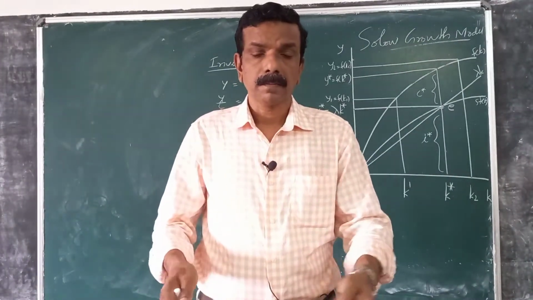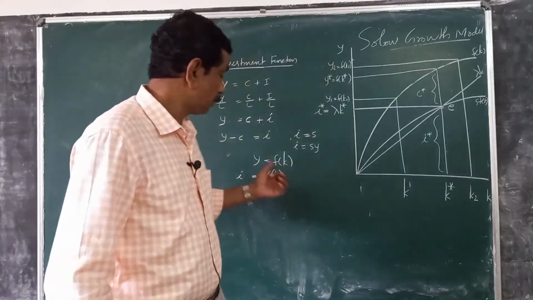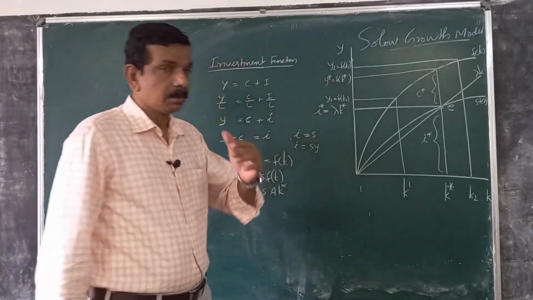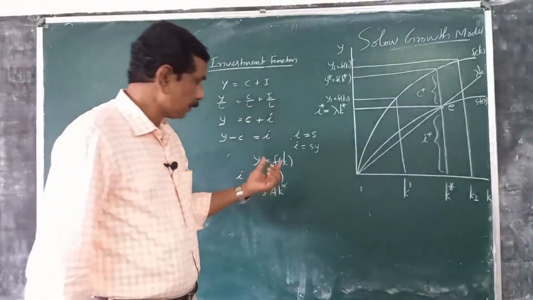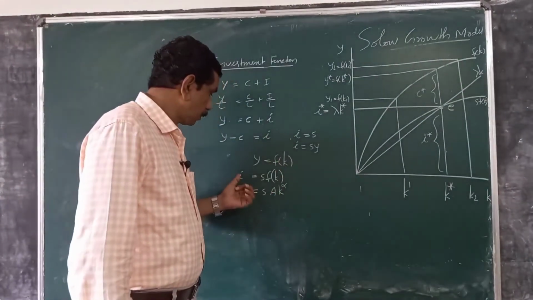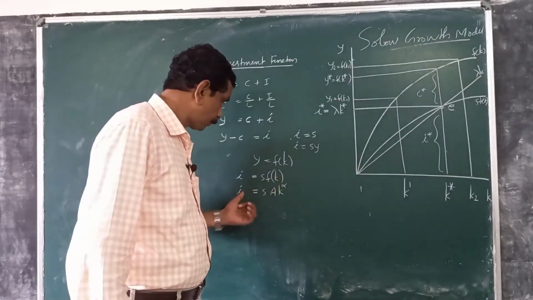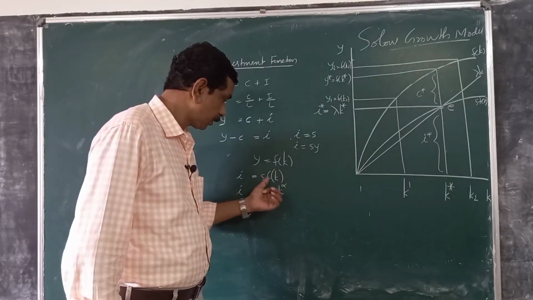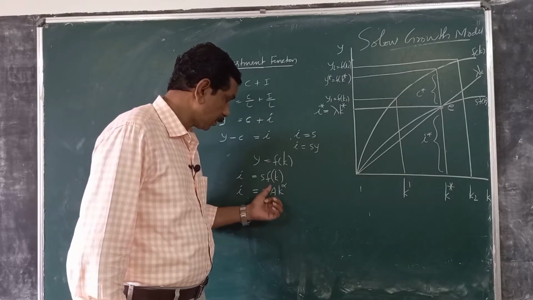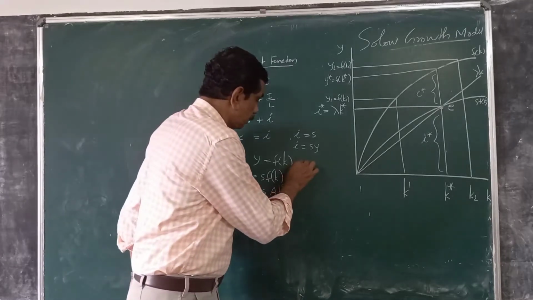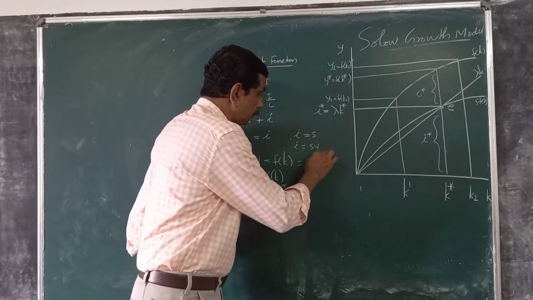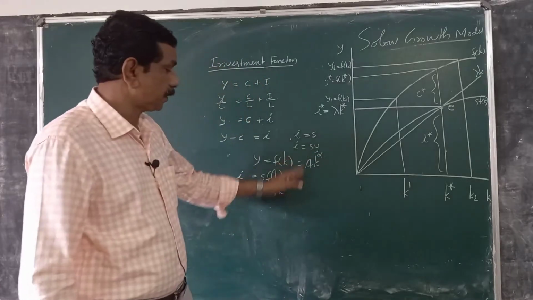So, given that Y is a function of k, the aggregate per worker production function, the per worker investment function or the per worker saving function is given as S of k, or S into A k raised to alpha in the Cobb-Douglas production function.